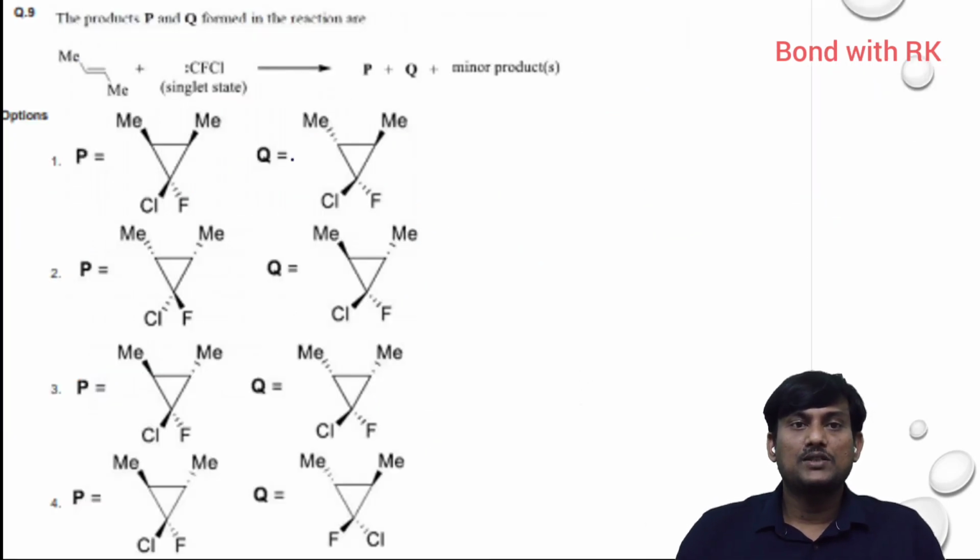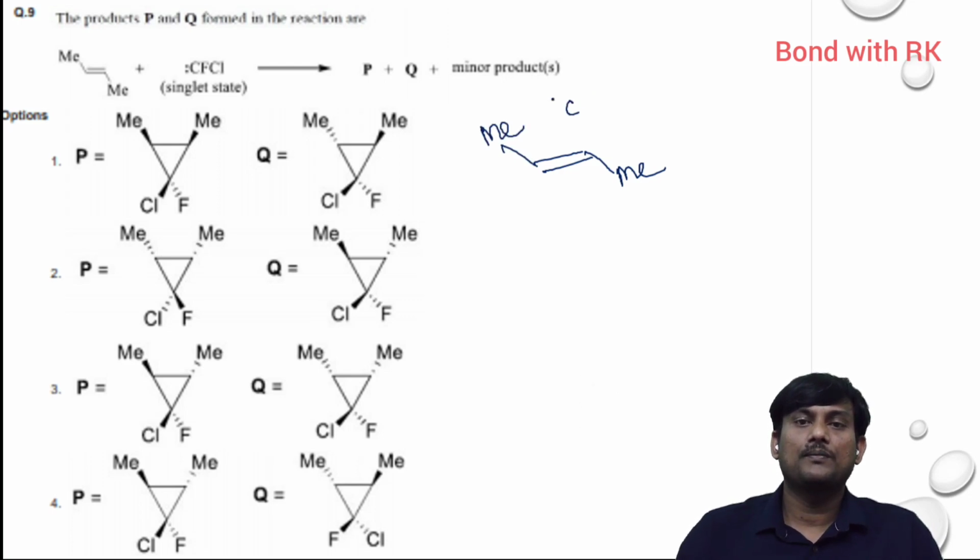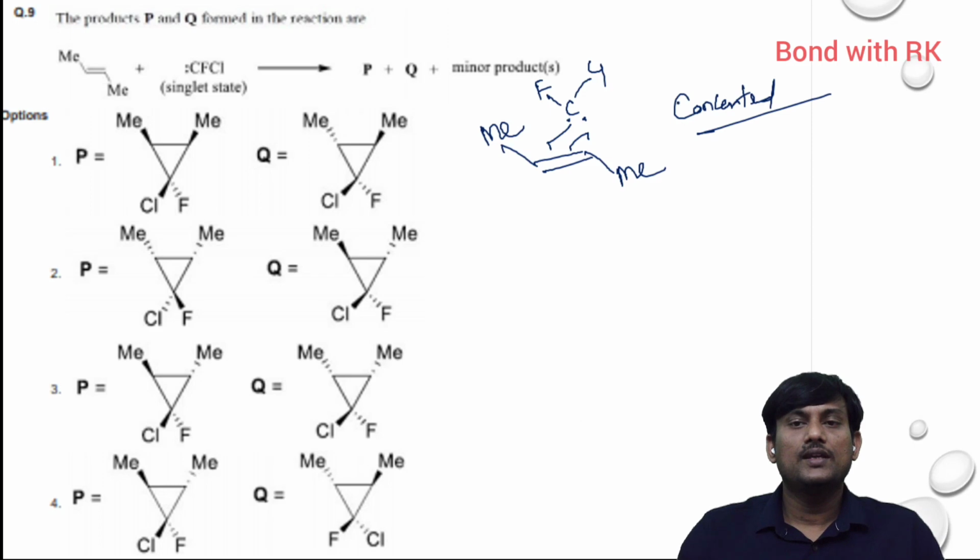The products P and Q formed in the reaction are: here we have taken trans alkene. This is the singlet carbene. Here a concerted addition reaction takes place. In concerted addition reaction, it's a stereospecific reaction.